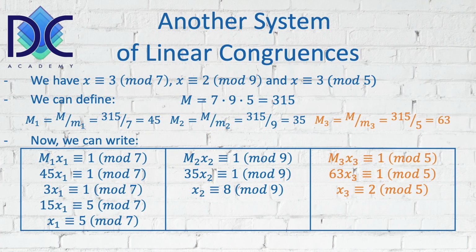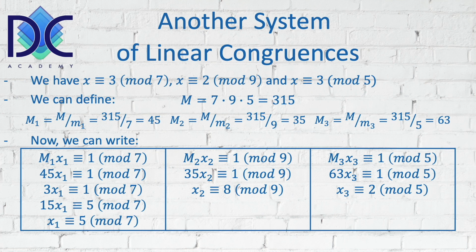We do the same for M3x3. We have 63x3, congruent with 1 modulus 5. So we find at the end when we do the calculation that x3 is congruent with 2 modulus 5. So you can do the calculation and you should find the same number. I did the steps a little bit faster.